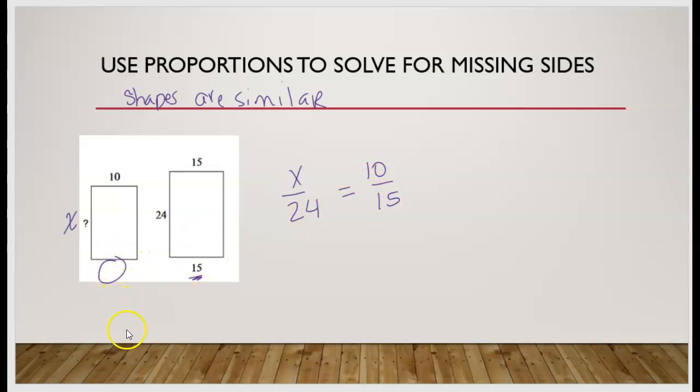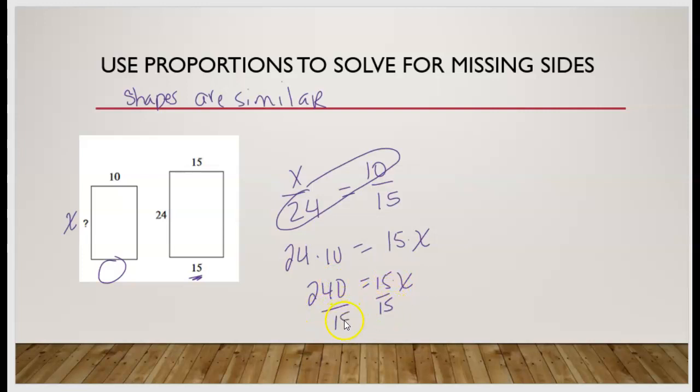So you do have to match up those corresponding parts. And now we can cross multiply. 24 times 10 equals x times 15. So 240 equals 15x. That last step to get x by itself, we're just going to divide both sides by 15.